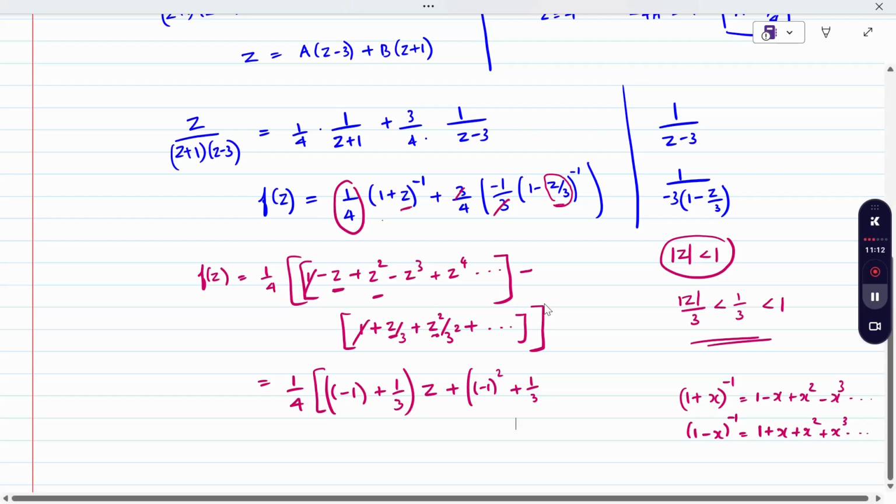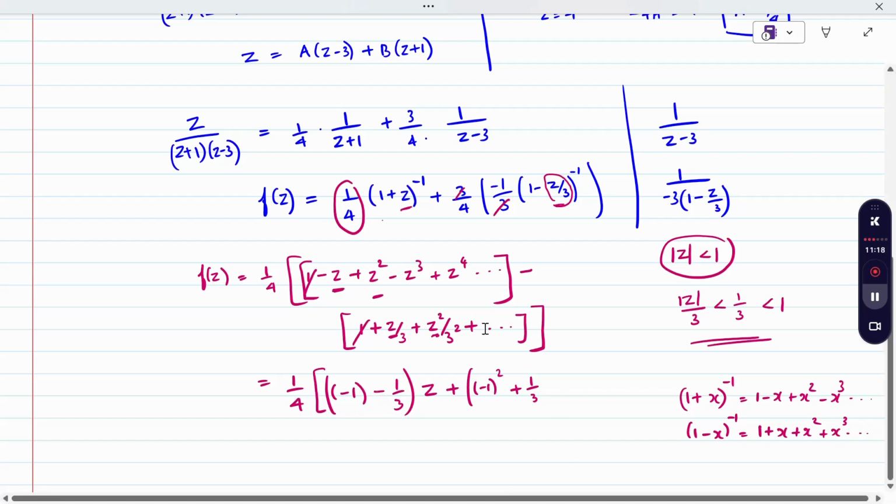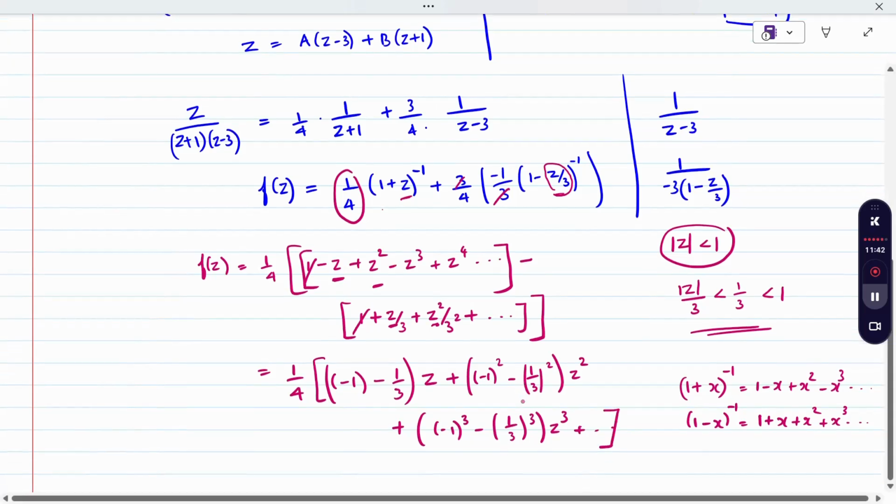Yes, the minus symbol here I left; here also I should write the minus symbol. In this also the minus symbol will come: minus 1 by 3 the whole square into z squared, plus the next term, same way minus 1 the whole cube, minus symbol as it is, 1 by 3 the whole cube into z cube, plus etc. It goes on. So now I am able to write the general case.